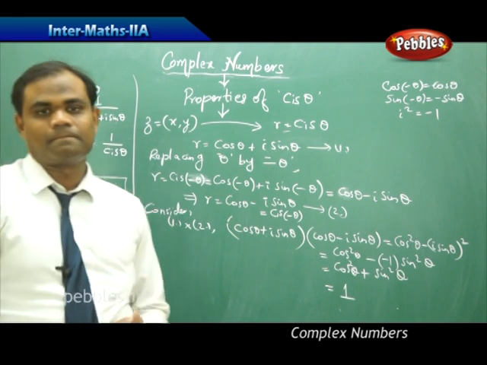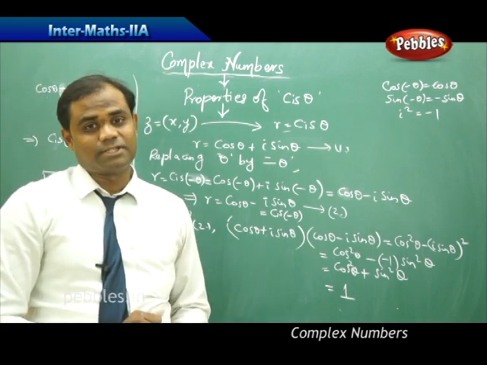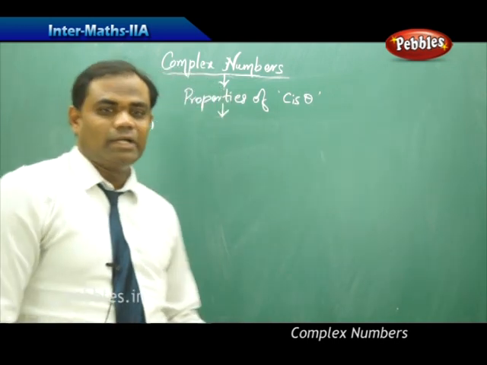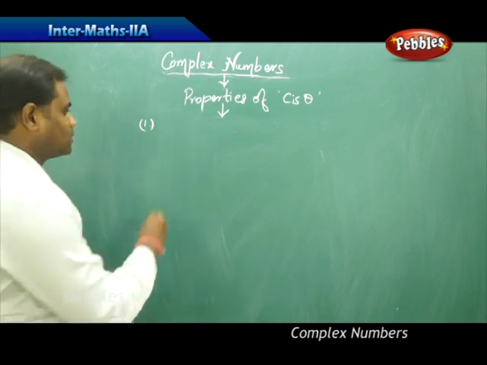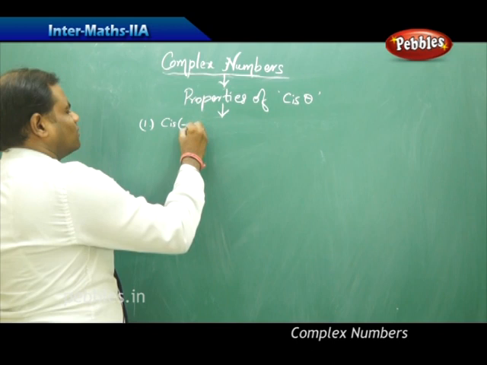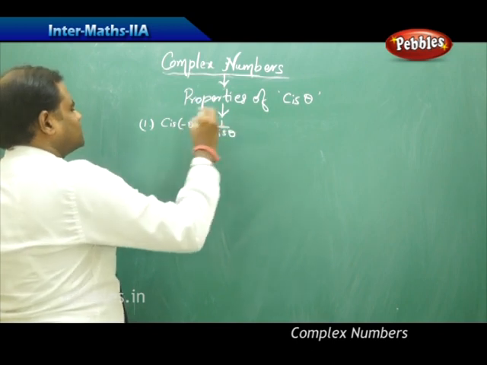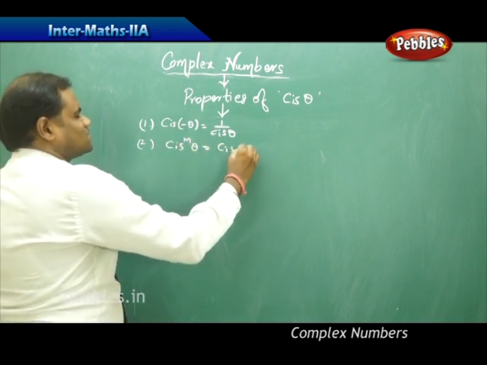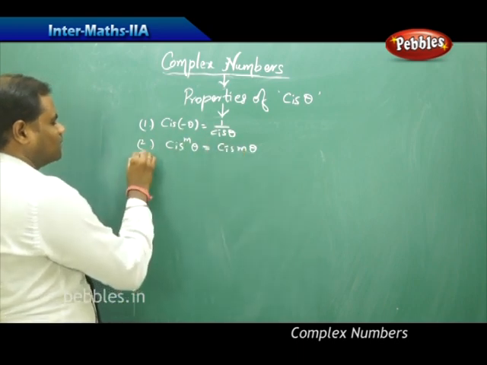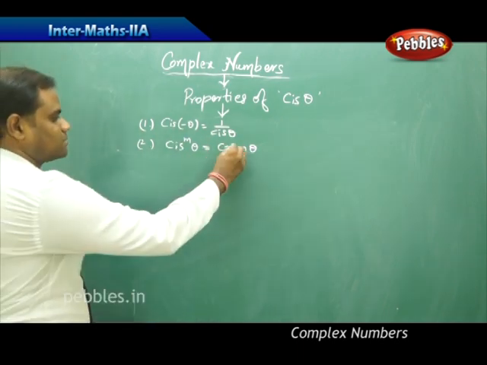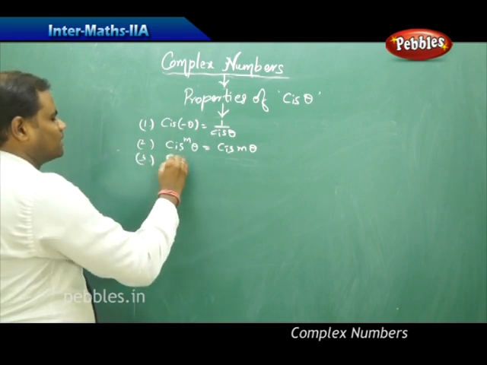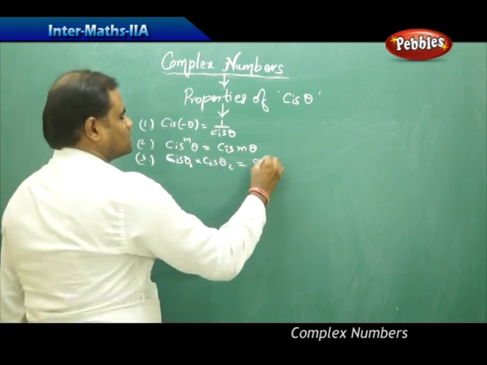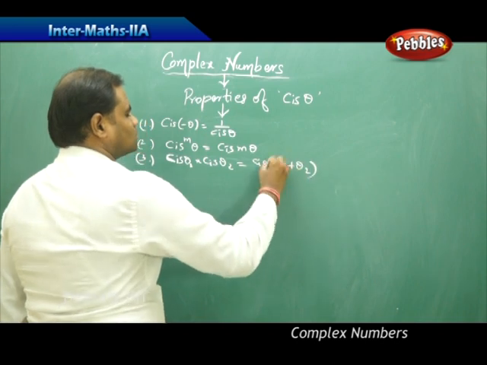So let's see the other properties of cis theta connected with the mathematical formula. Let's take all the properties of cis theta as listed here. The first one is that cis of minus theta is 1 by cis theta, and secondly, cis theta to the power m is cis m theta. My next formula is that if I multiply cis theta 1 times cis theta 2, this is cis of theta 1 plus theta 2.